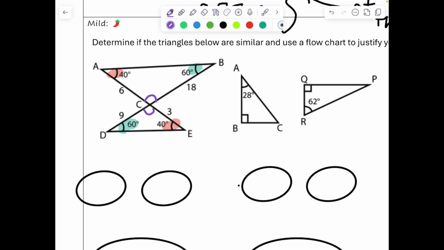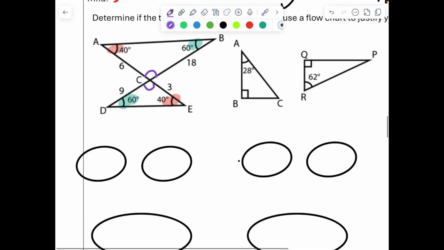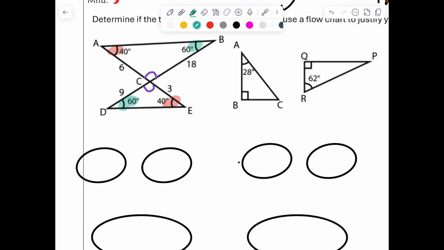So those are also the same. So you could either do angle-angle similarity, or you also have sides with equal angles in between. So you could do side angle side as well. It's up to you. I'm going to do angle-angle just because I think that'll be faster.